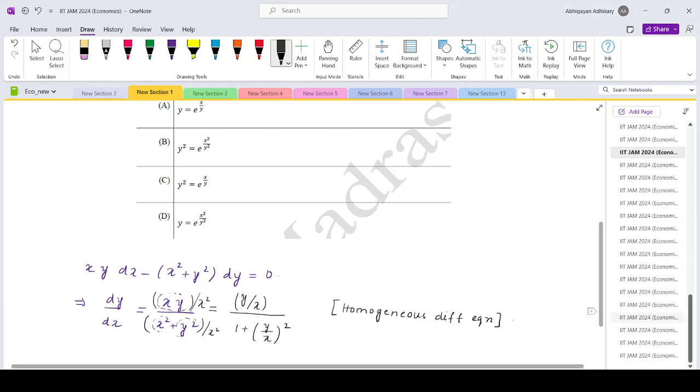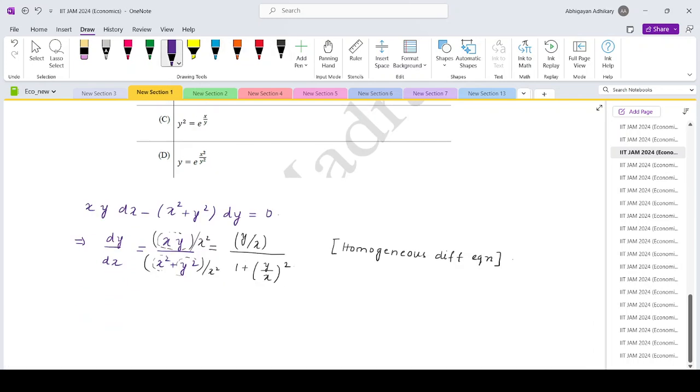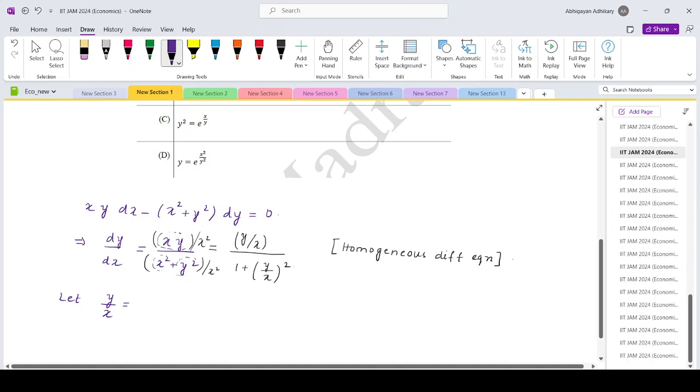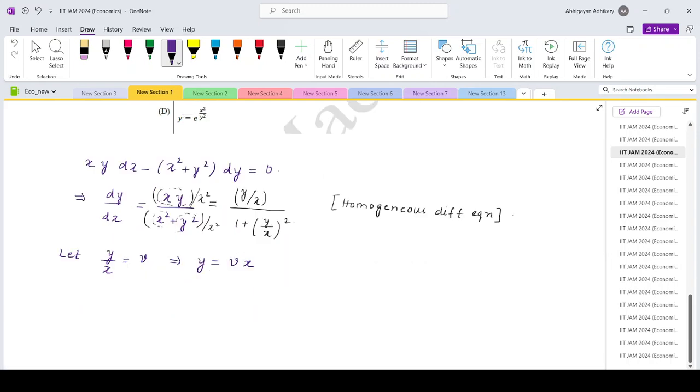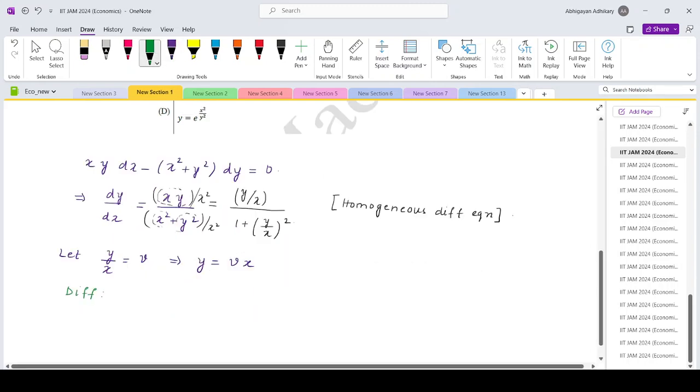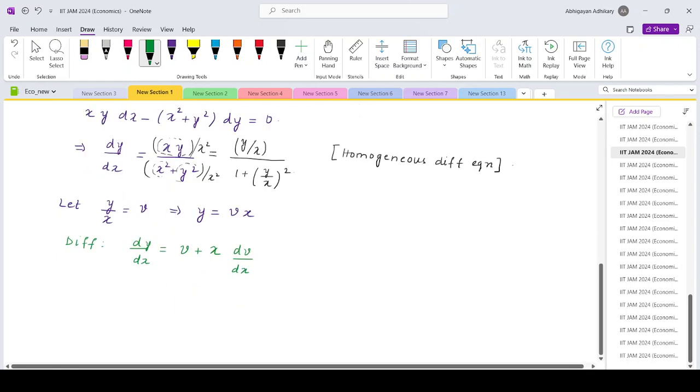So in order to solve this, we will substitute y by x equals v. So that means y is equal to vx. So if we differentiate this, dy/dx is equal to v plus x into dv/dx.